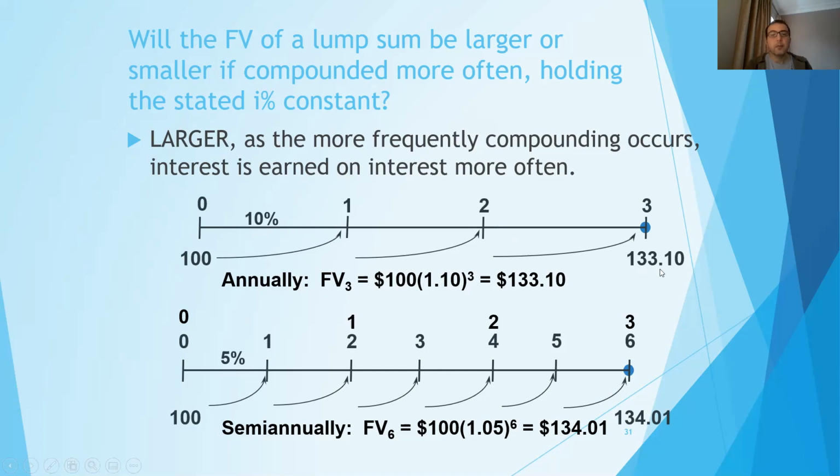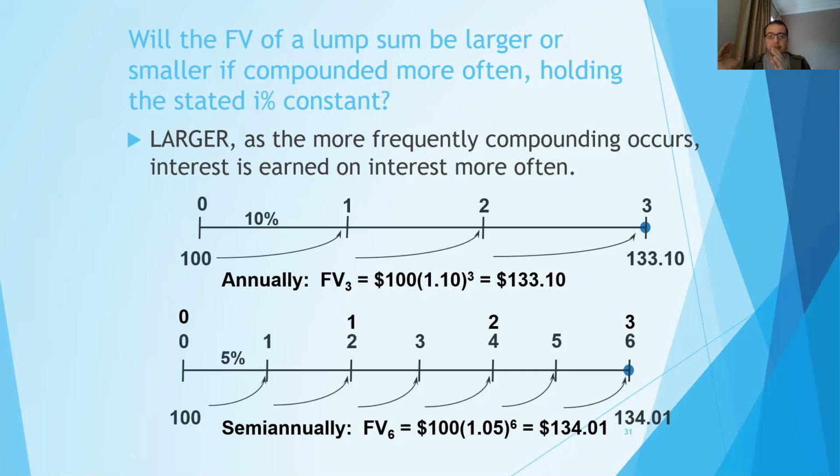133.1. But if we do that semi-annually, means the interest rate, once again quoted annually, is 10%. If we are talking about semi-annually, then the per period interest rate should be 5%, half of it, right? The 1 year is 10%, the half should be 5%. So we compound for 6 times, right?